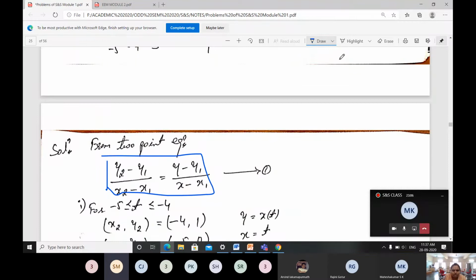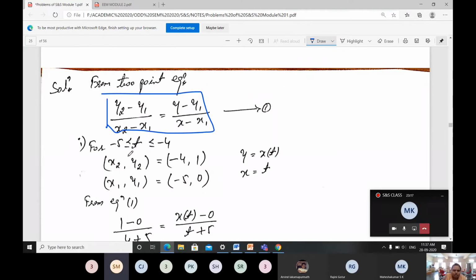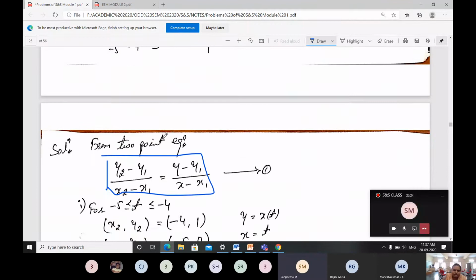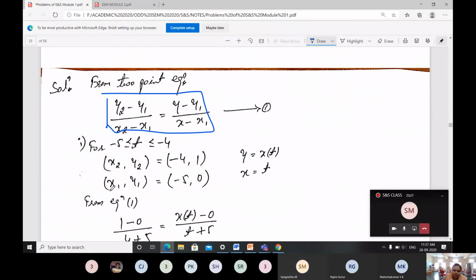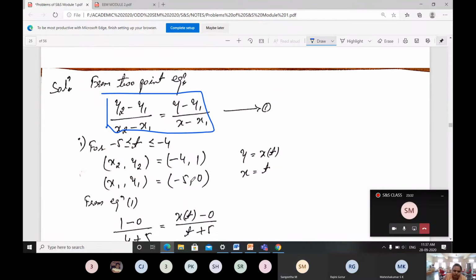Next, for the line from -5 to -4, this is a straight line, and we are considering these two points. I take -4, 1 as x2, y2 and -5, 0 as x1, y1. You can take it the reverse way also, no problem. You will get the correct value only, but while solving, be careful.